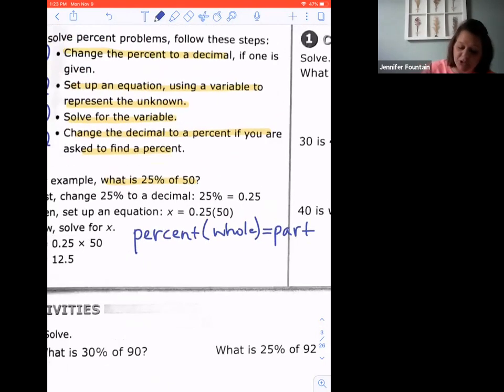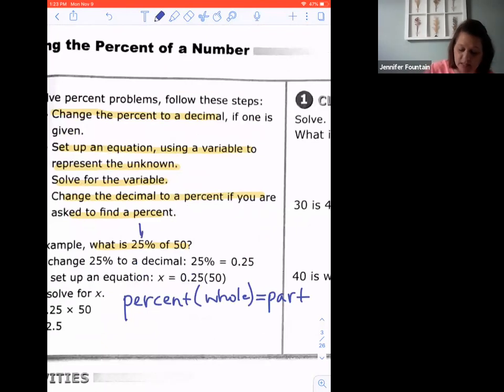So in this situation, I have percent of 50. Of in math means times. Okay, so that means I've got 25% times 50 equals X, because I'm trying to find my part.